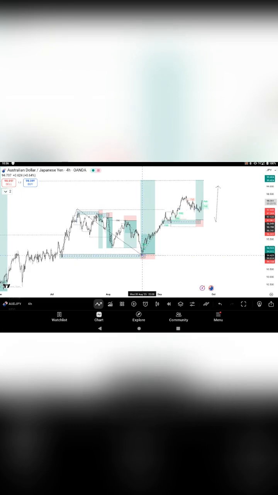But within that high and this last low here is a range, which gave entries for sales to the buy point. And the moment price was done selling, I was done selling.